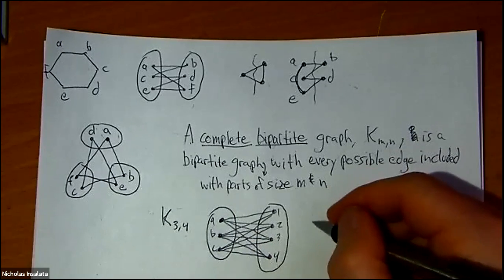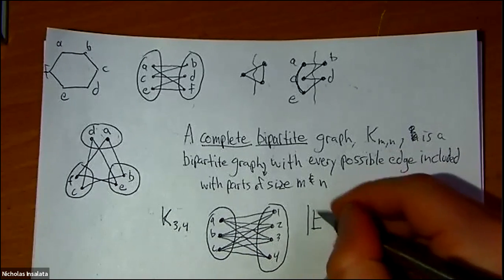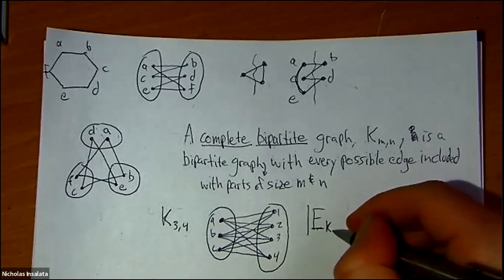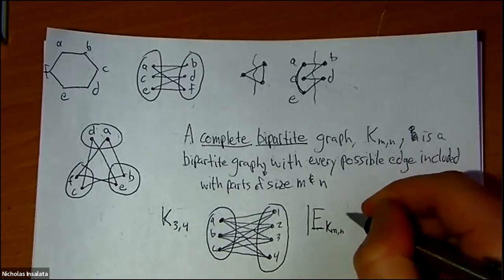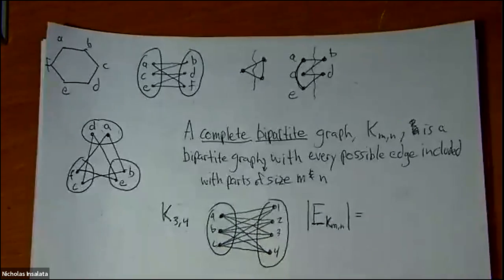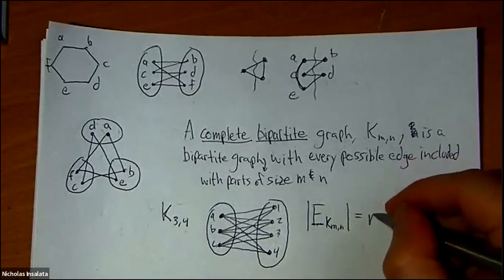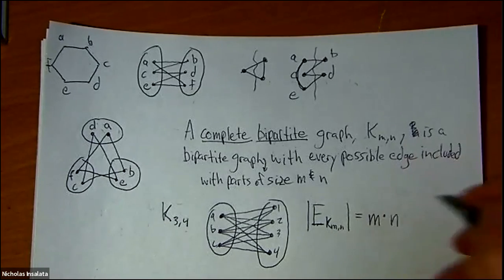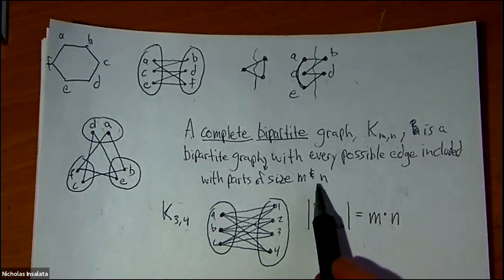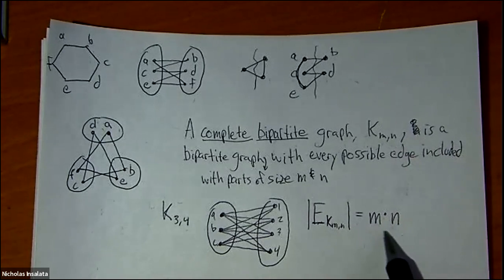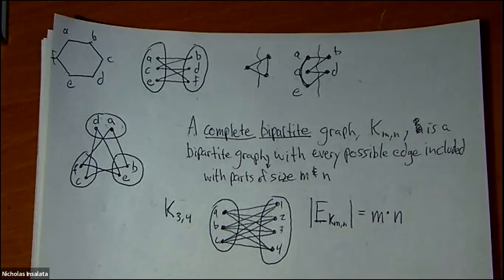What is the size of the edge set of K_{M,N}? 12 in this case, in general, for m and n? Yeah, m times n. And m and n are just integers, so they're not meant to indicate sets. They're just numbers, right? So I can just say m times n without the absolute values. Nice. Okay. So that's pretty cool. You can find the number of edges that way.